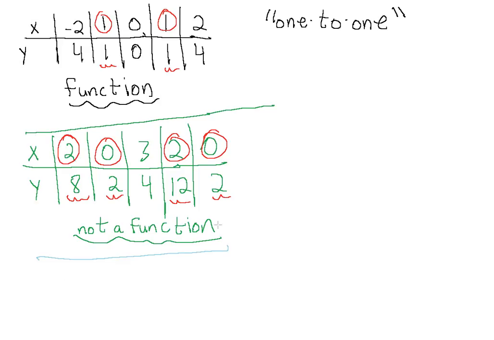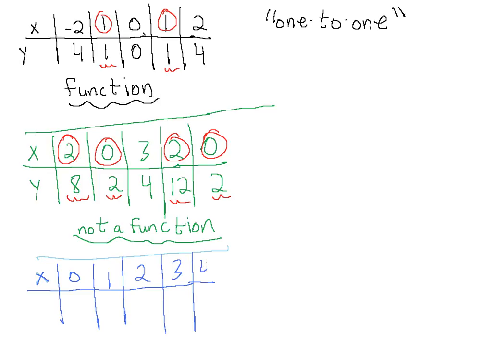Let's say we're given a table of values where the x values are 0, 1, 2, 3, and 4. Our y values are given as 2, 3, 4, 5, and 6.